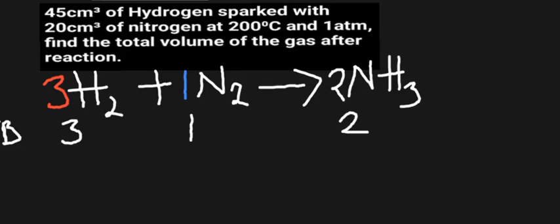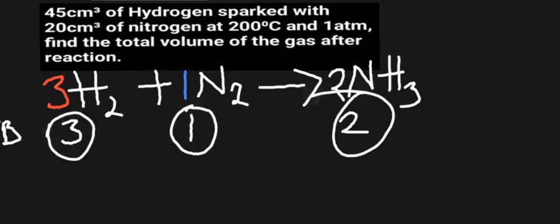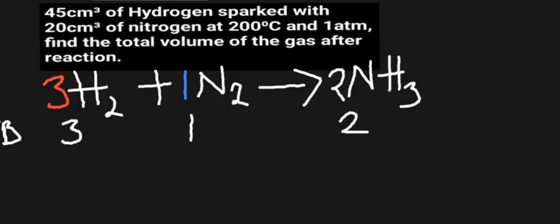Next one is to look for the volume before the spark. Notice that these ratios are not the same thing. So you have to be careful in this kind of question that no one corresponds with that of the product. So the combining volume has already been given. So this is the volume before sparking. And that volume is 45 for hydrogen.